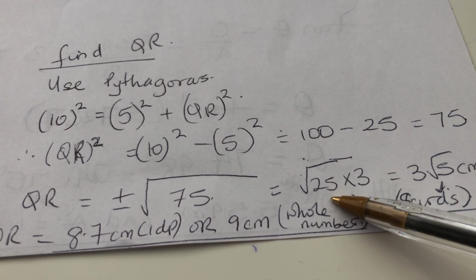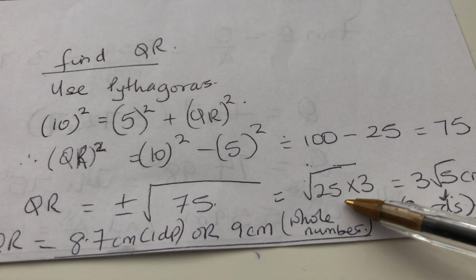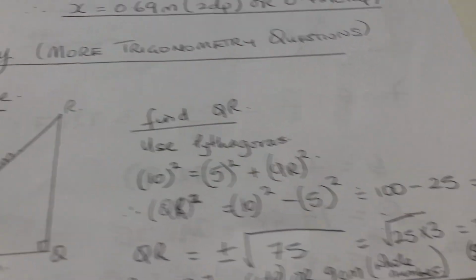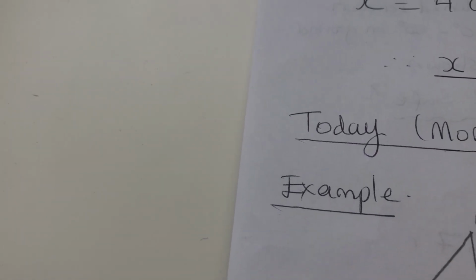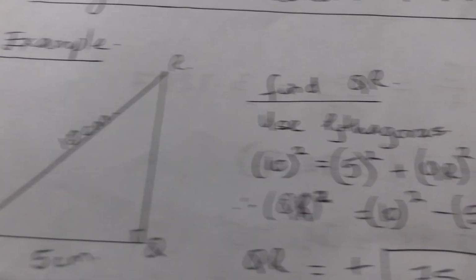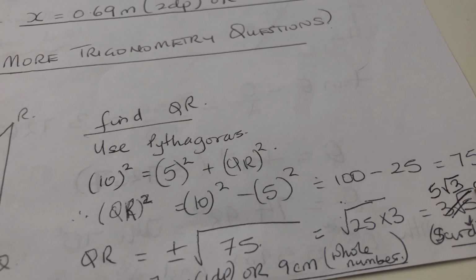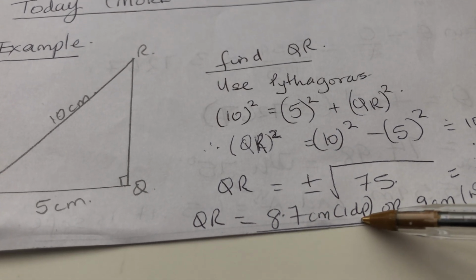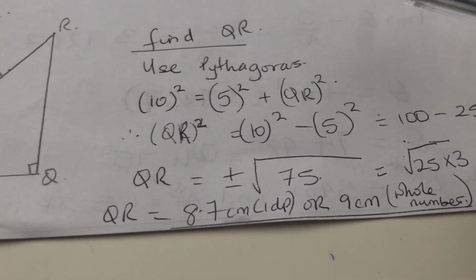Okay, and the root of 3 stays, so it will be 5 root 3 centimeters. So you can leave your answer as 5 root 3, or 8.7 centimeters to 1 decimal place, or 9 centimeters as a whole number.